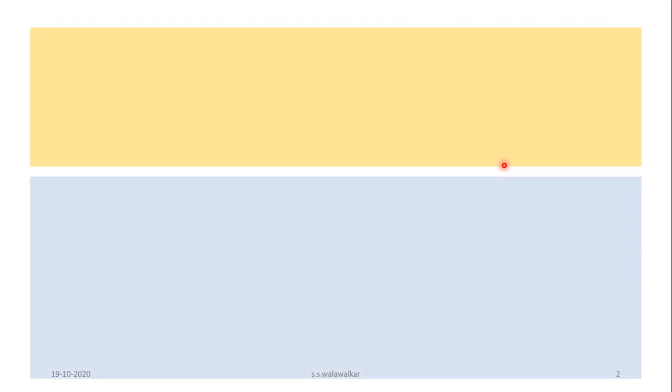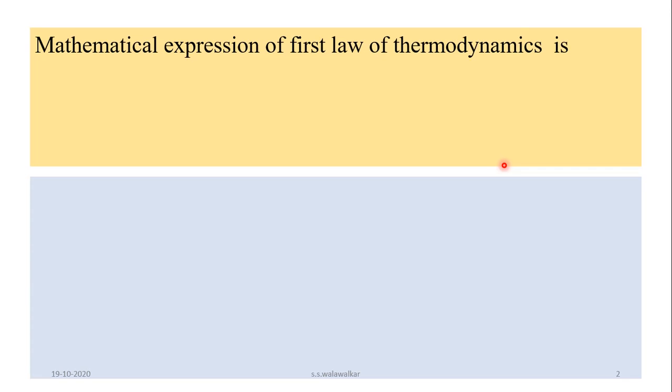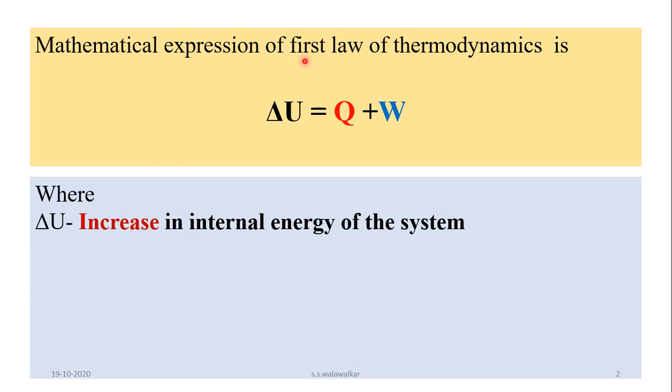So let us see here. According to the first law of thermodynamics, the mathematical expression is delta U is equal to Q plus W, where Q means heat supplied to the system, W means work done on the system, and delta U is the change in internal energy.